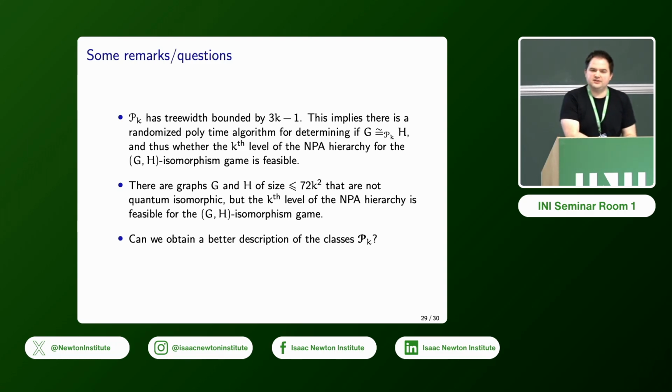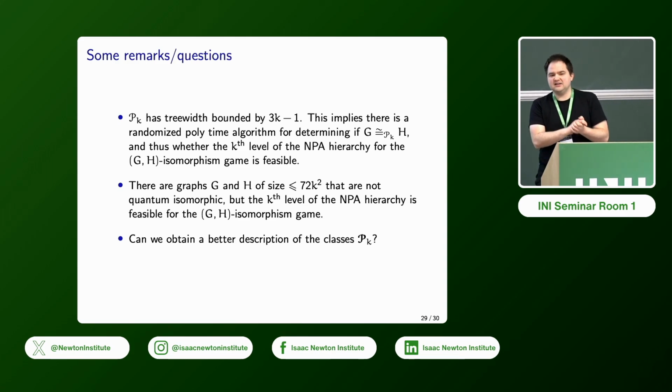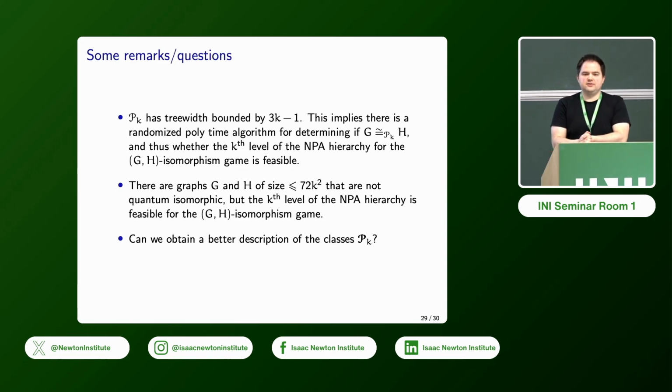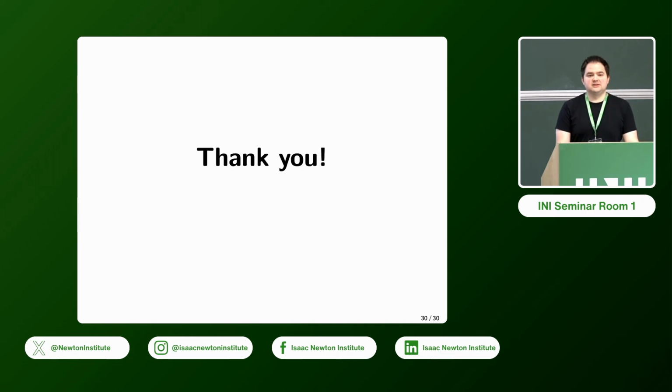This is interesting because if you take all the planar graphs, then homomorphism indistinguishability over that is undecidable, and thus also quantum isomorphism is undecidable, but for these level K relaxations you have polynomial time algorithms. And that's where I would like to end.